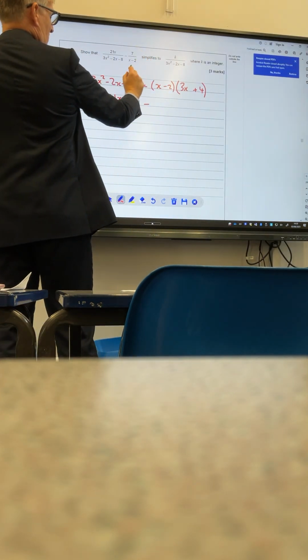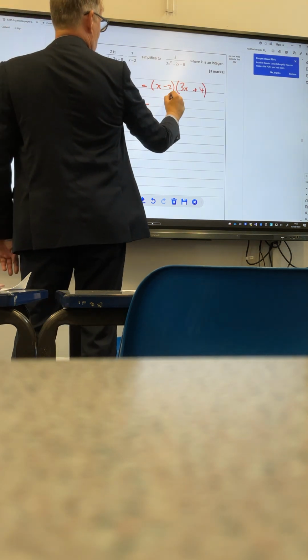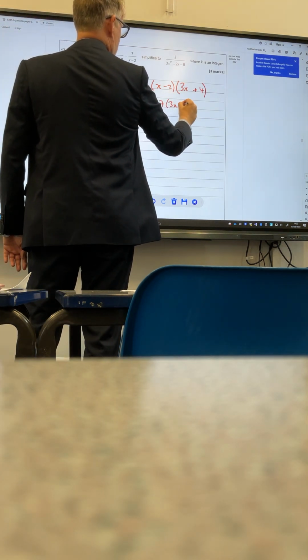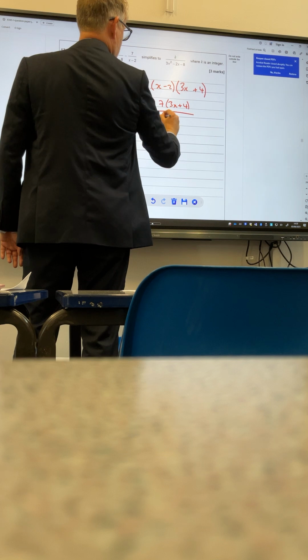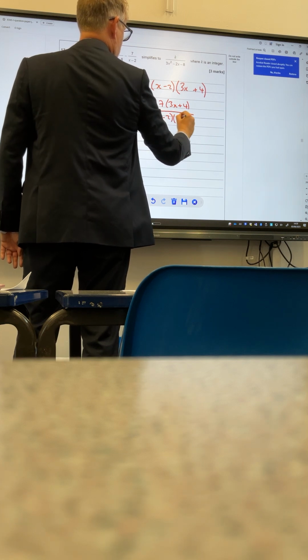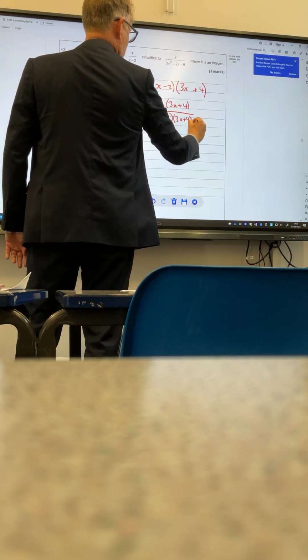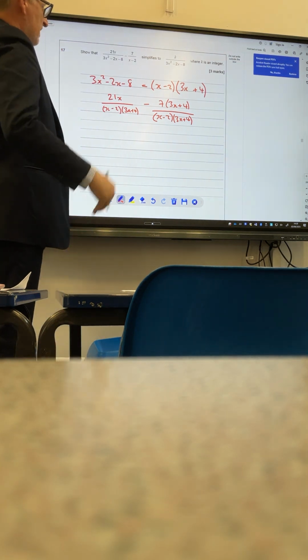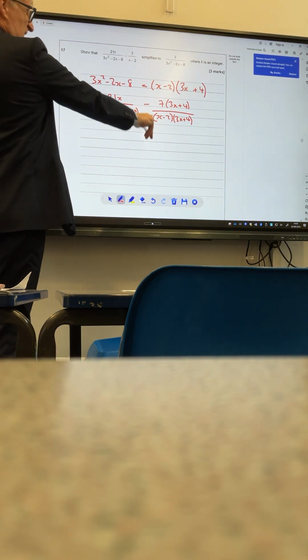So doesn't that mean that we're going to have to times this top and bottom by 3x plus 4? And now we can just put them together. Careful with that minus.